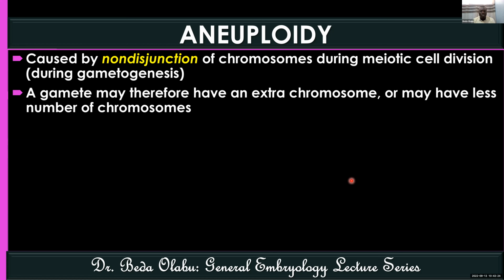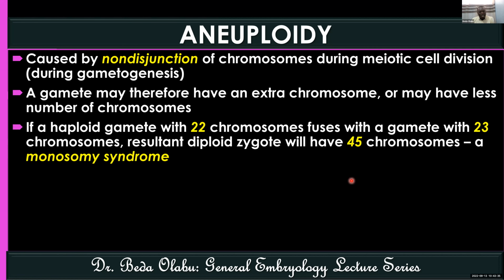Remember, the gametes need to be haploid. So it can be a haploid cell with 24 chromosomes or a haploid cell with 22 chromosomes if there is non-disjunction.